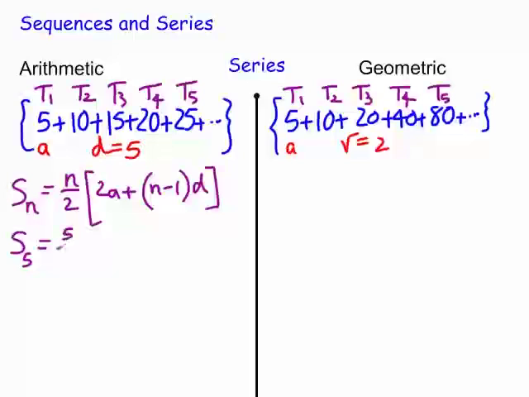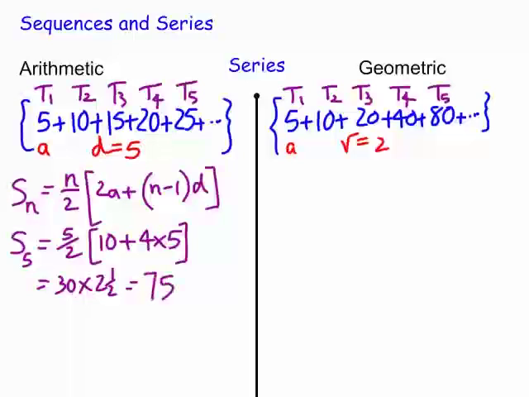So 5 on 2, 2 lots of a, 2 5s are 10, plus n minus 1, n is 5, so it's 4 lots of the common difference 5. What's that? 4 5s are 20, plus 10 is 30. So it's 30 times 5 on 2, which is, 2 30s are 60, and half of 30 is 15, so it's 75.